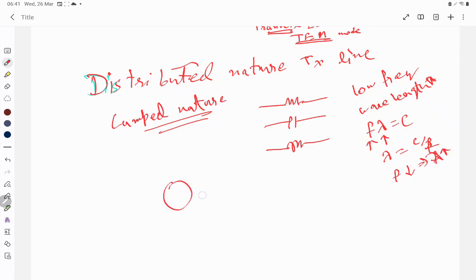So what are we talking about? We are talking about wavelength. Frequency is the repetition. Wavelength is, for one full cycle of your signal, how much it propagates.